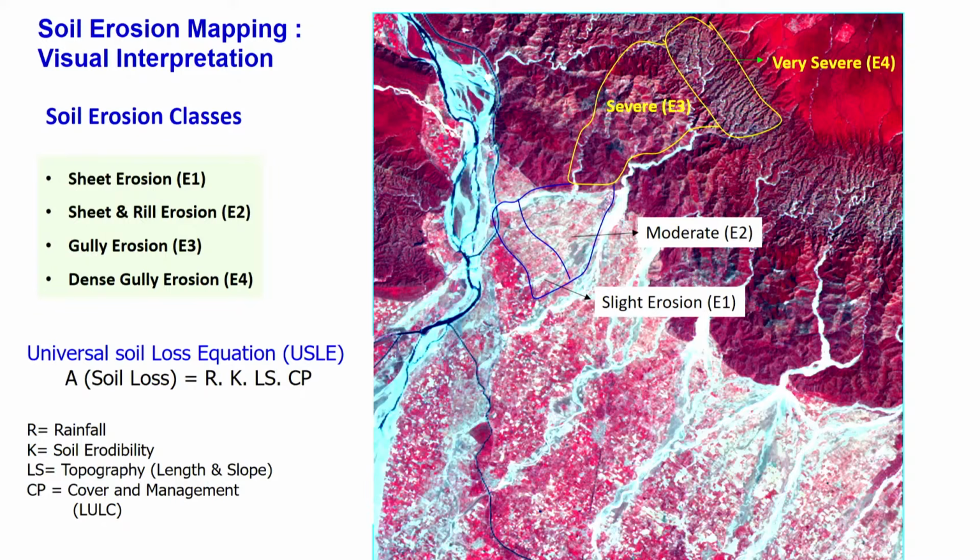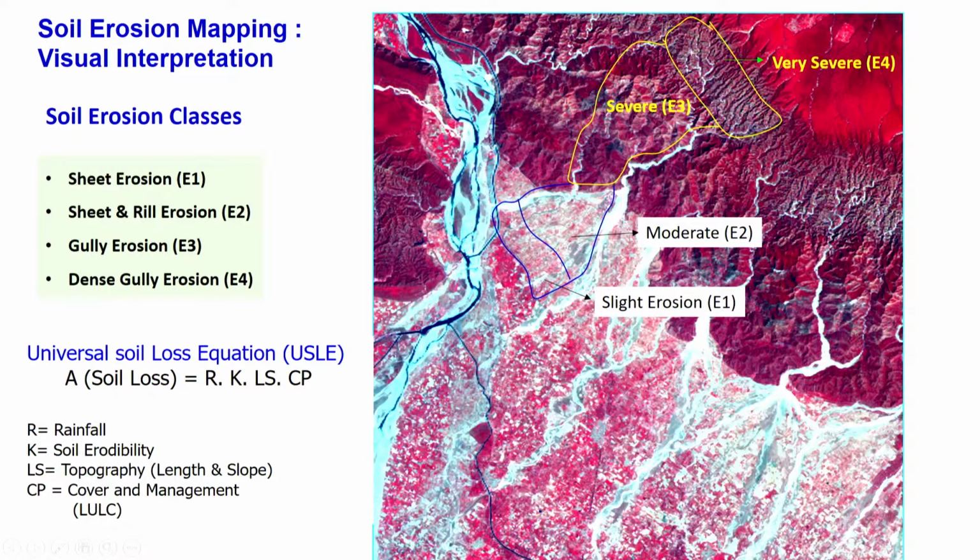Can we map water erosion with remote sensing data by visual interpretation? Yes. This is the false color composite, FCC. You see the forest area in dark brownish red, below that the foothills, and the cropland.